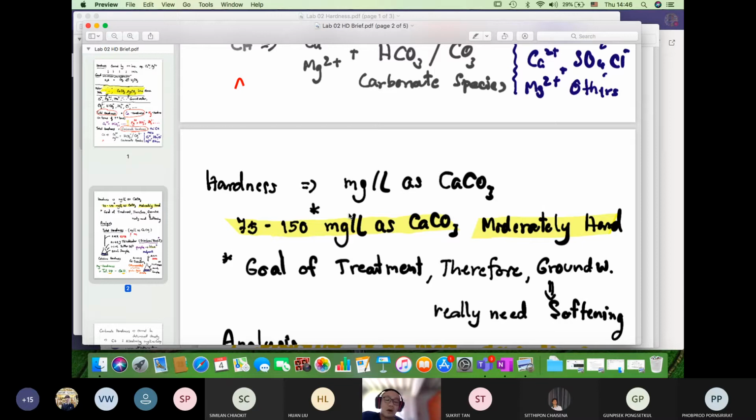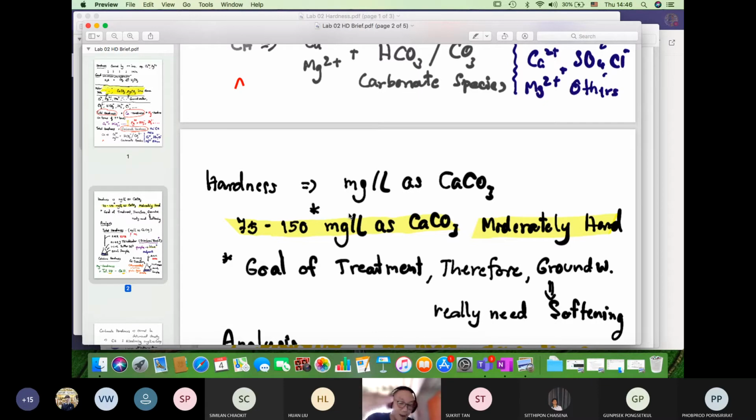So there's no need to apply a softening process to the surface water if you use surface water as the water supply source. So hardness, we basically just want to maintain in this range. If it is already in this range, then we don't have to do anything with hardness.